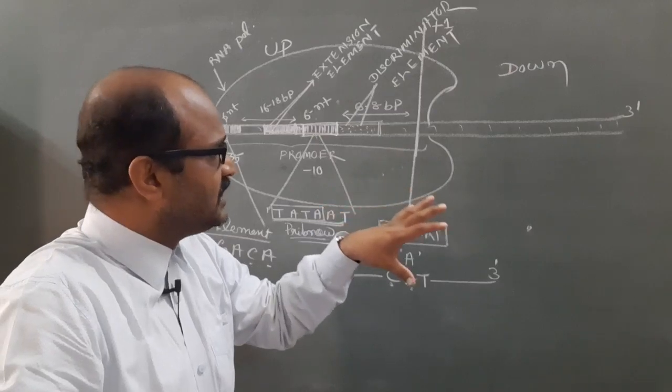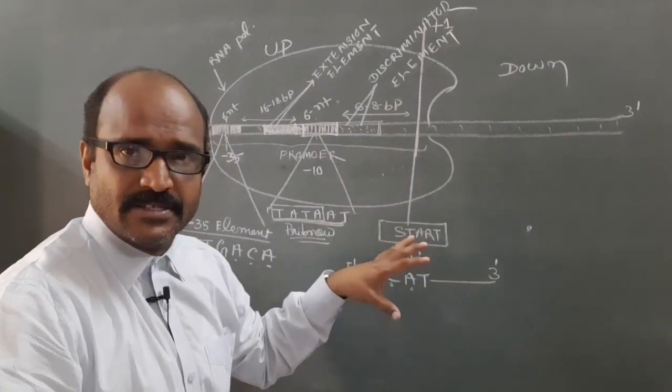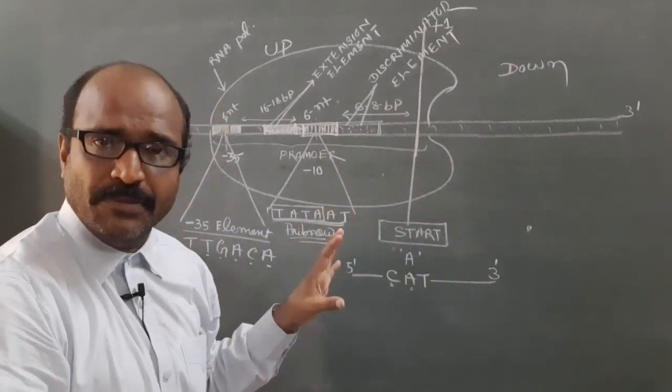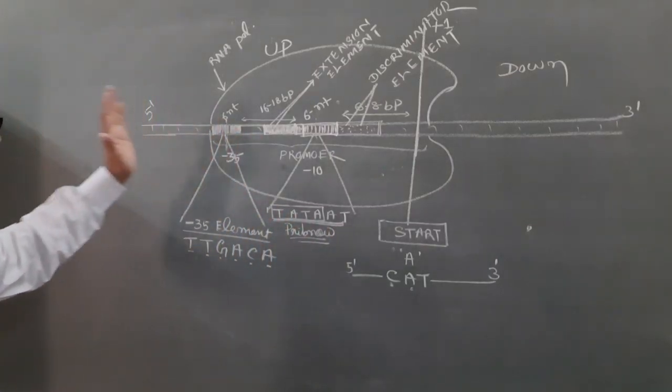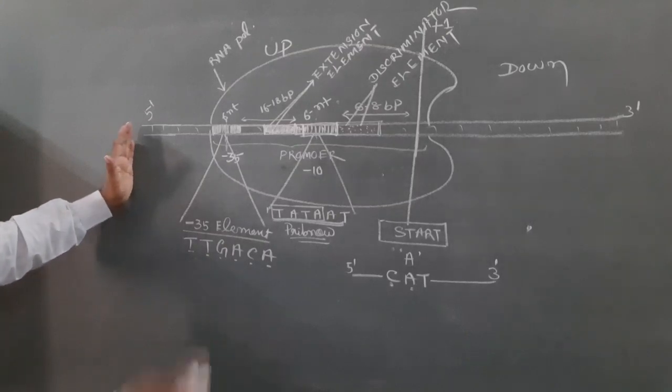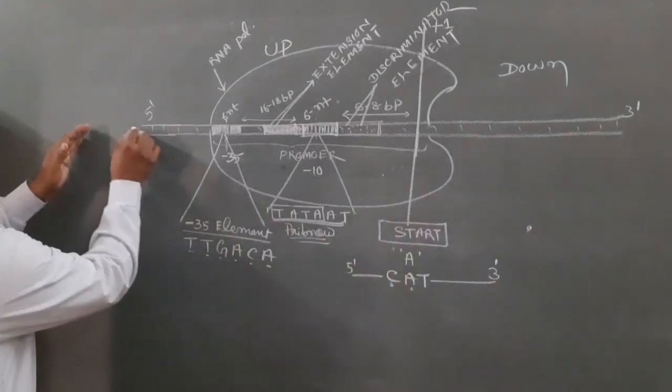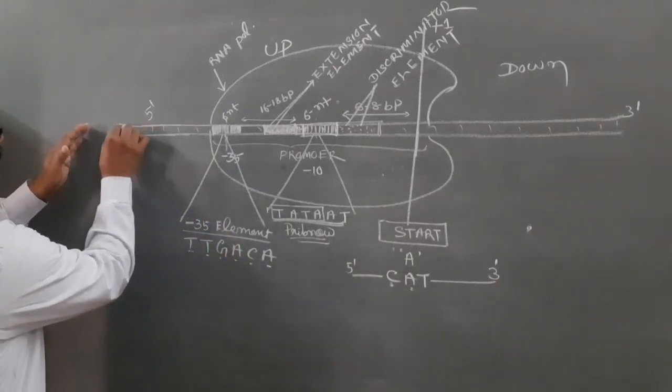And some of the sequences not present in the promoter region, but some of the sequences also interact with the RNA polymerase, and such sequences are present upstream of minus 35 region.